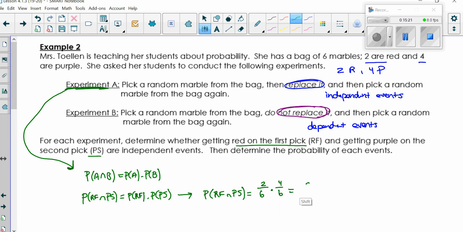So 2 times 4 is 8, 6 times 6 is 36. If we simplify this, we can divide both of them by 4, and that would be 2 ninths. So that would be the probability of picking a red first and purple second. And again, we cannot do it for experiment B. We can for experiment A because they're independent, and this is our independent rule. So it does not work if they're dependent.